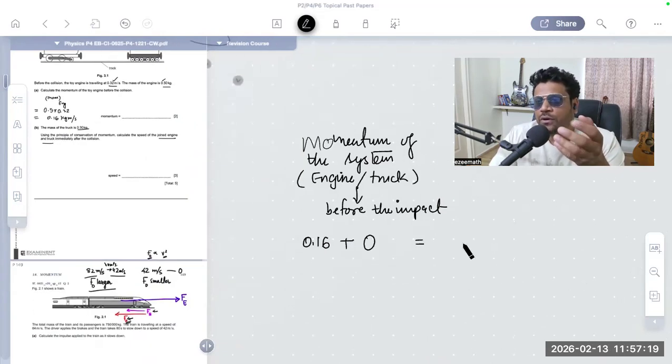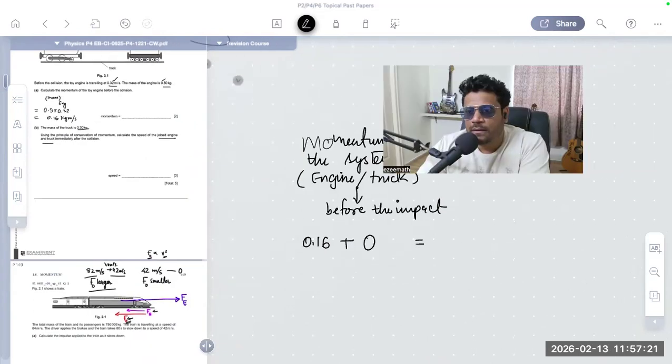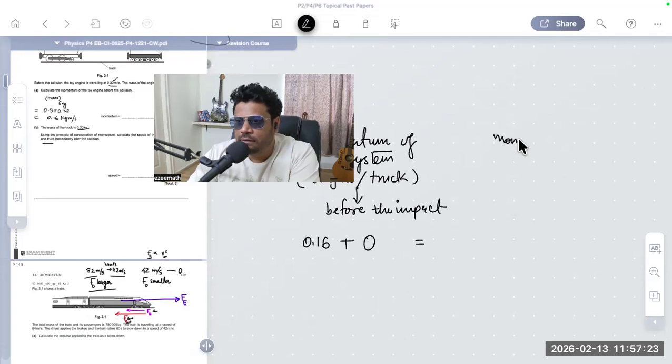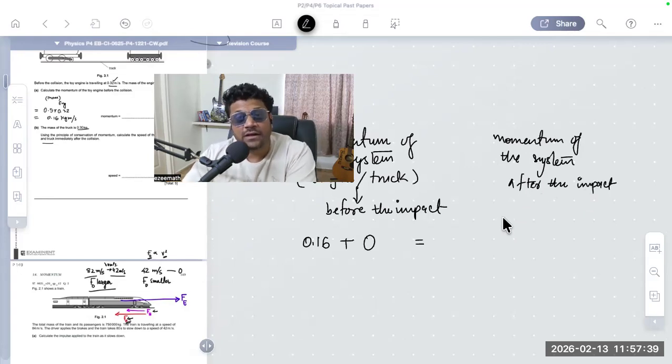So you know that the momentum of the system again after the impact, since they have stuck together after the impact, the most important thing to know is they're going to move together with the same velocity. Their velocities are not going to be different if they have joined together after the impact.